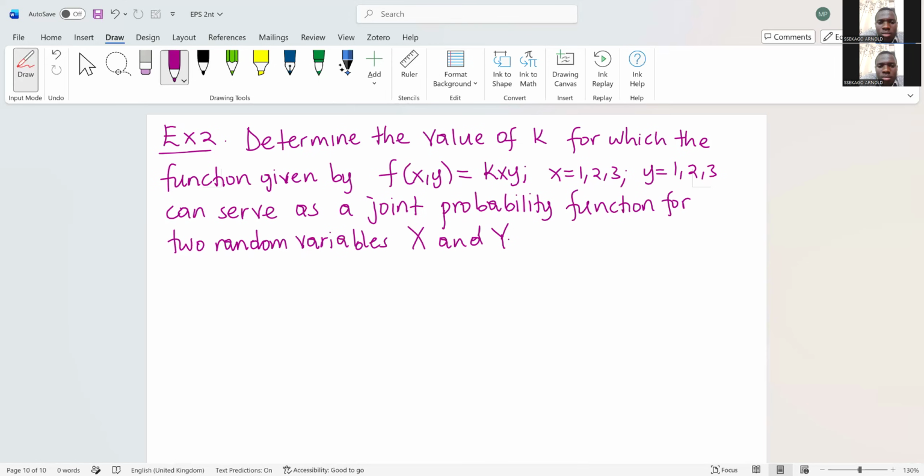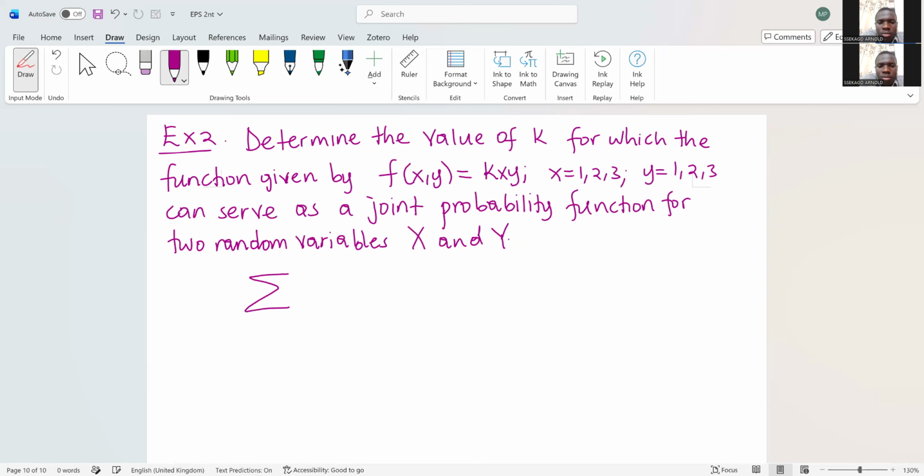So you recall from one dimension, if I have a single random variable, we are summing the possible probabilities and equating to 1. So it is the same thing here. We apply that second property. Which property?